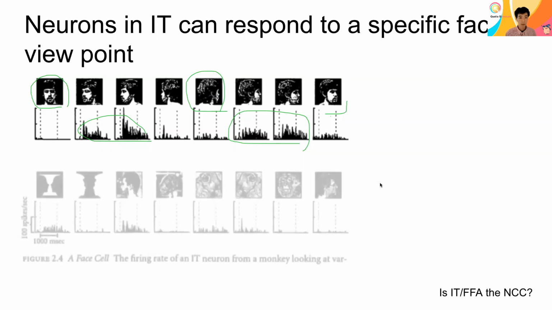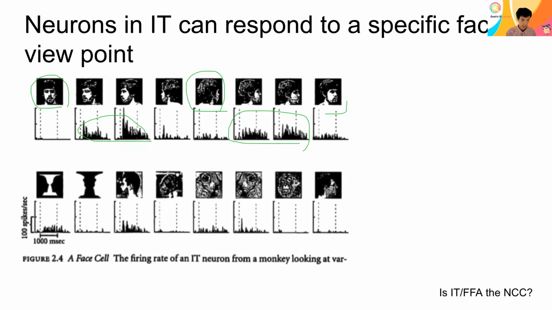Furthermore, the same neuron responds to a different person, but at the same kind of angle here. But here, this is again a different person and a different angle, and now it doesn't respond, but the same angle of the optimum face seems to respond a lot. So there is something going on in terms of the identity of the face or properties or features of the face and the angle of the face.